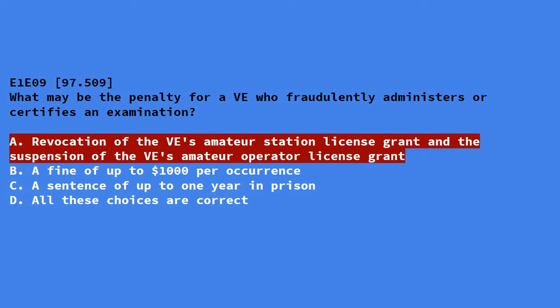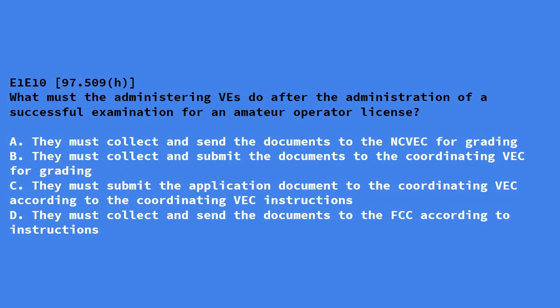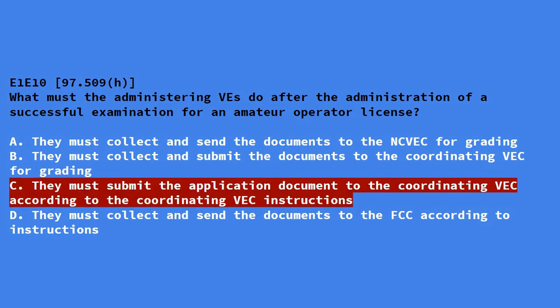Answer is revocation of the VE's amateur station license grant and the suspension of the VE's amateur operator license grant. E1E10, what must the administering VEs do after the administration of a successful examination for an amateur operator license? They must submit the application document to the coordinating VEC according to the coordinating VEC's instructions.